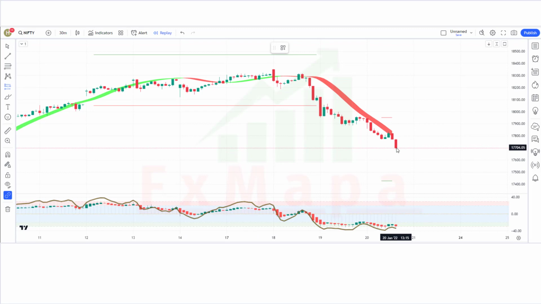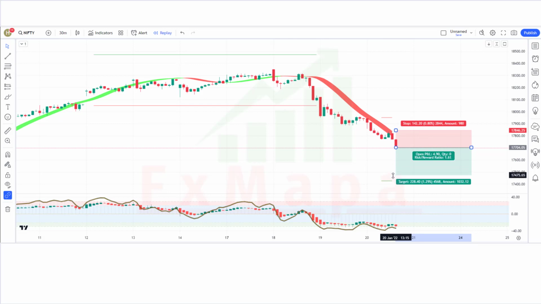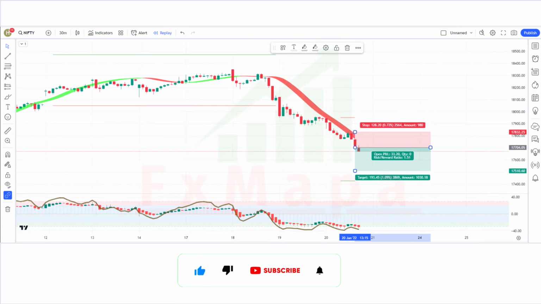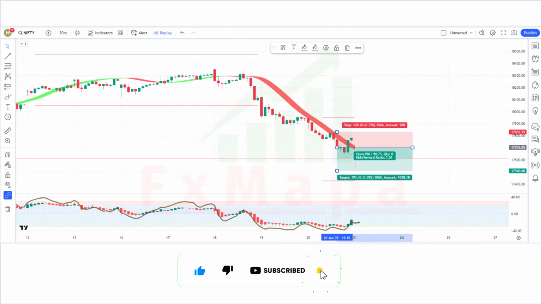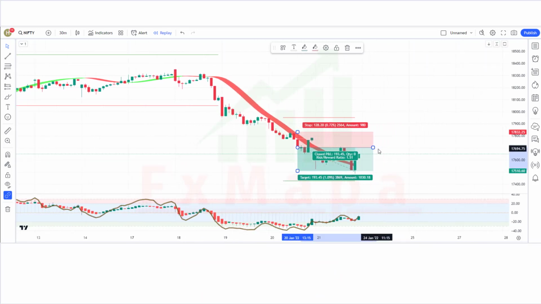Our stop loss will be placed at the Boom Hunter Pro indicator of stripe higher. And the risk to reward ratio will be 1:1.5. The market has completely hit the target.